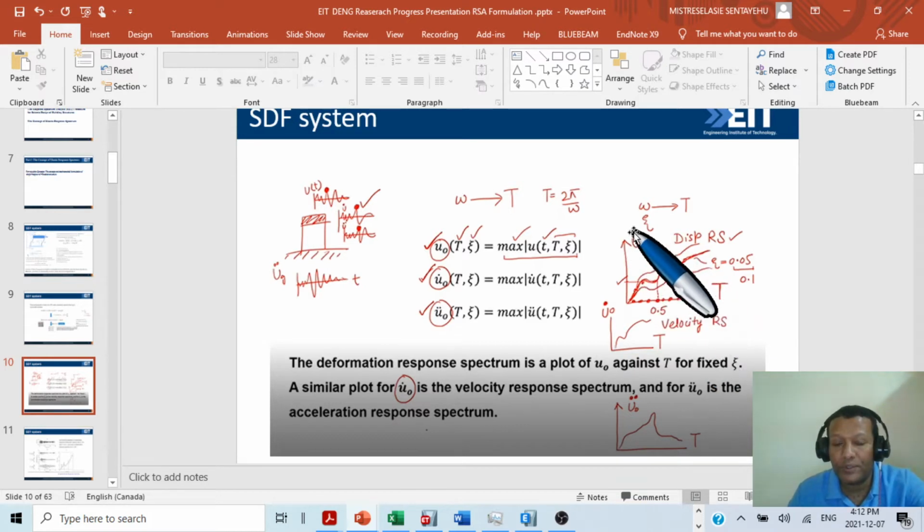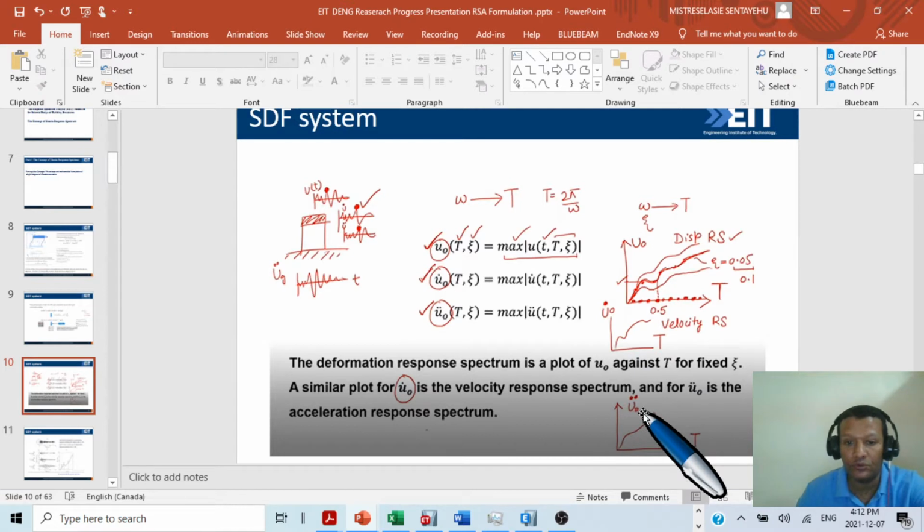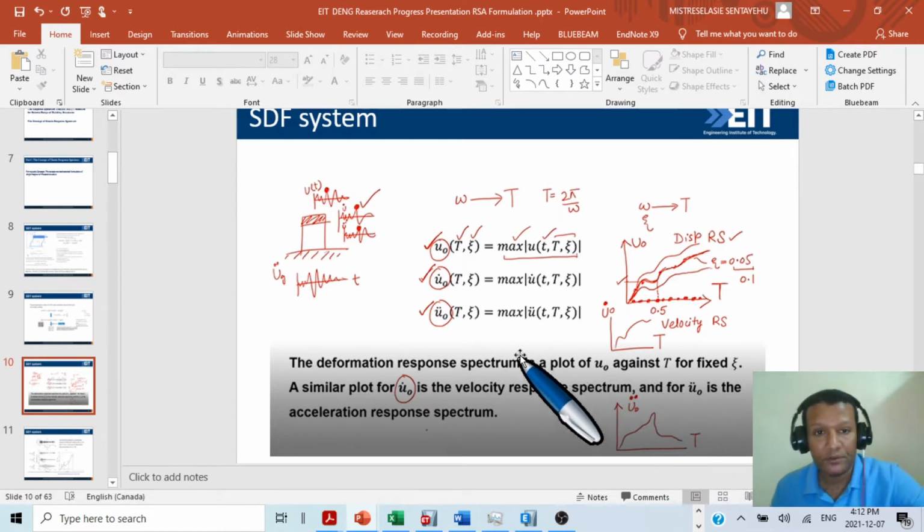Once we get the displacement response spectrum, we can change it into the velocity response spectrum, and once we get the velocity response spectrum, we can change it into the acceleration response spectrum. We will see the whole idea in a minute.